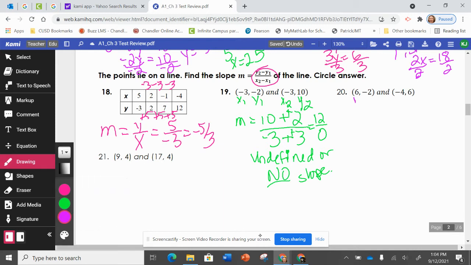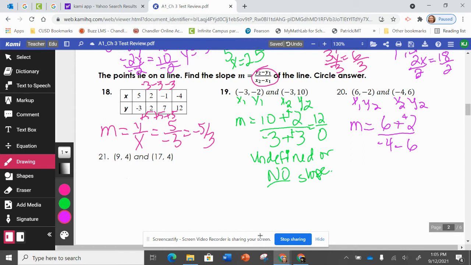If I take a look at number 20, and again, I have ordered pairs, so I'm going to label them just to help me put them in the formula a little bit easier. So I labeled y2 is 6 minus y1 is -2. x2 is -4 minus x1 is 6.